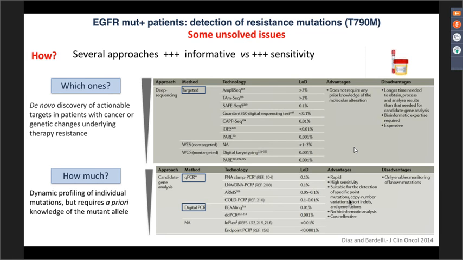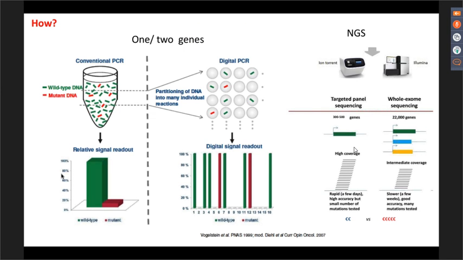And if the question is how much, or the sensitivity of a technique, how many mutated molecules we have in our samples, maybe we have to go to more sensitive techniques like digital PCR. These techniques allow us to profile individual mutations dynamically, but require a priori knowledge of the mutant allele that we are going to test. These are the approaches that we have.